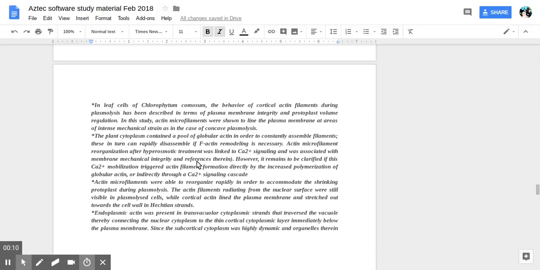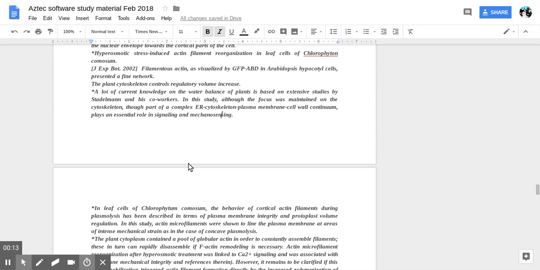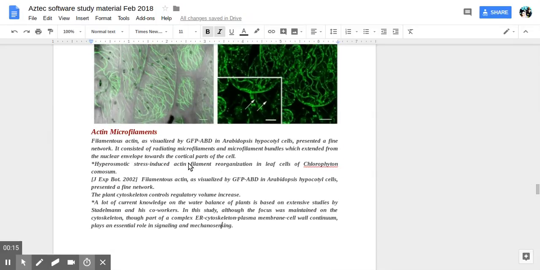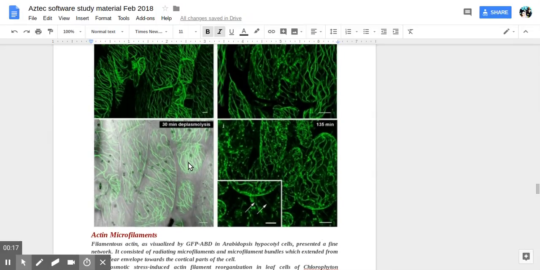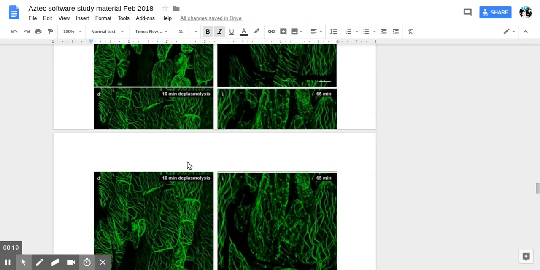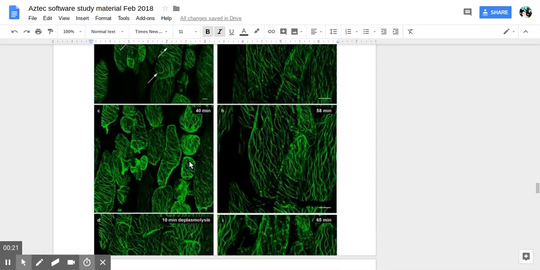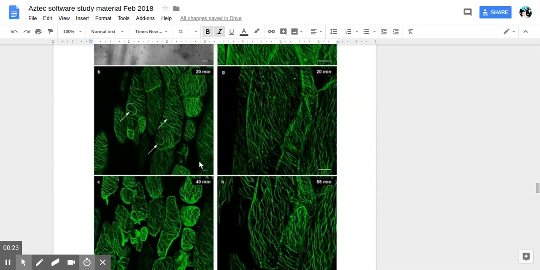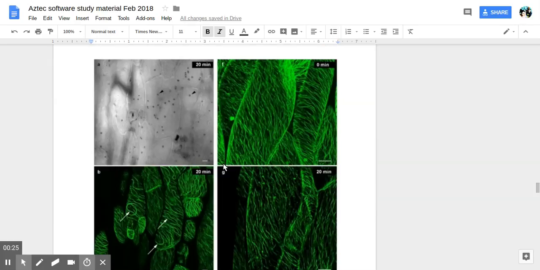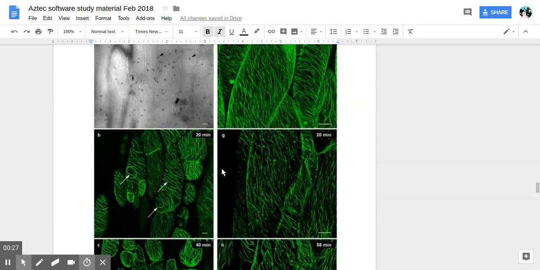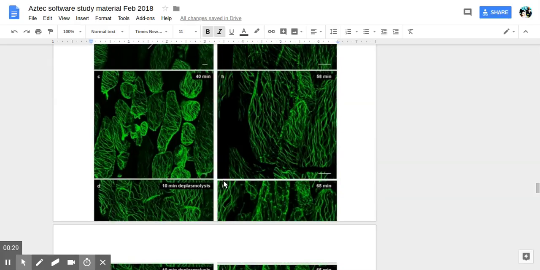So we are studying currently actin filaments, and we just did microtubules. They're part of the cell that control its shape and its integrity.